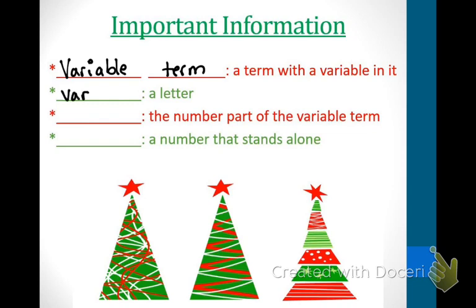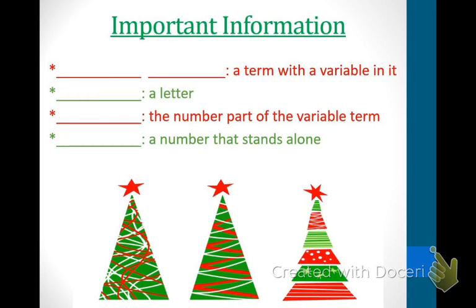A variable. Okay, you can use any different kinds of variables. Ayana, what is the number part of a variable term? Coefficient. Guys, check it out. If you don't have these spelled correctly, go ahead and fix it for your notes. And the final one, Nikki, what is a number that stands alone? Constant. So we're going to use these four terms now to answer the next three questions.